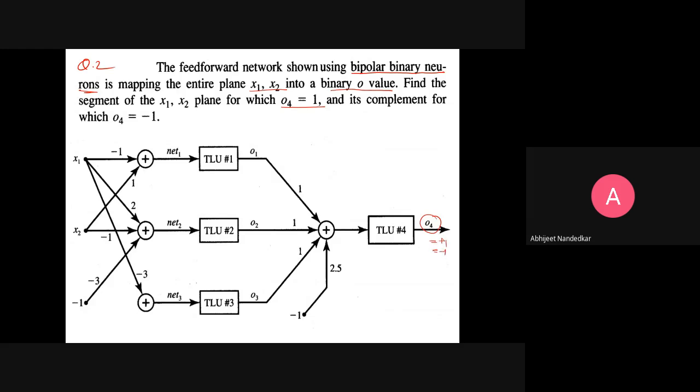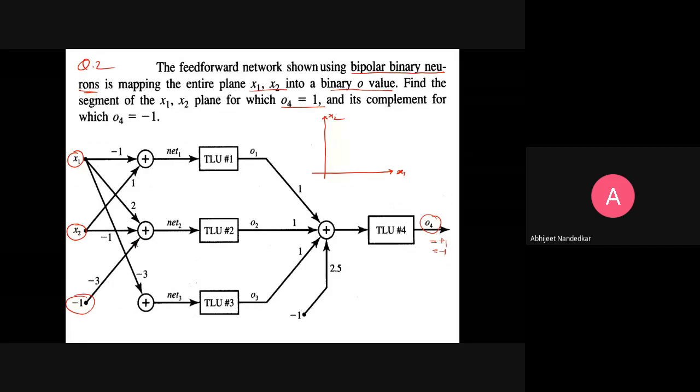So we have to find out on the x1, x2 plane where the region is where this last neuron will fire. Why is it x1, x2? Because we have two variables, x1 and x2, as our inputs. So these are our inputs, and this is the thresholding terminal.